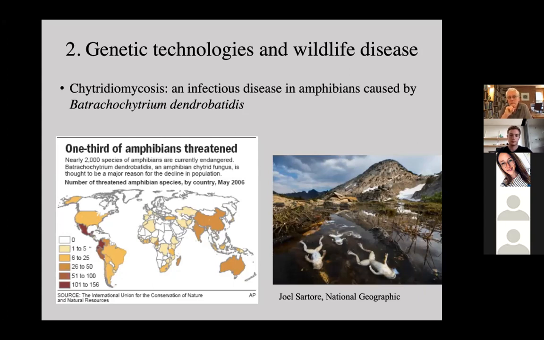And people are saying, well, maybe you could use gene editing techniques to alter the bacterial population on the frogs, on the amphibian skin, which seems to be what is really important in giving them resistance to infection.